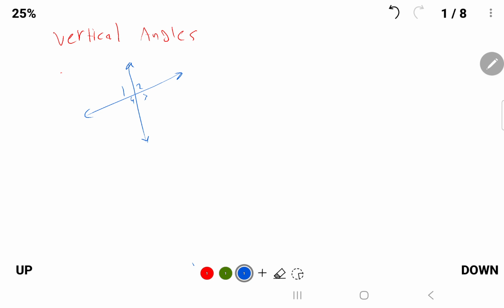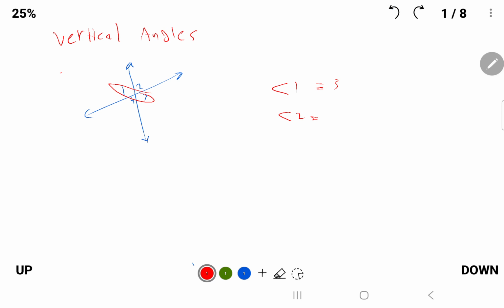Whenever two lines intersect, they form two pairs of vertical angles. Angle 1 is equal to angle 3 because they are opposite to each other, and angle 2 is equal to angle 4 because they are opposite to each other.